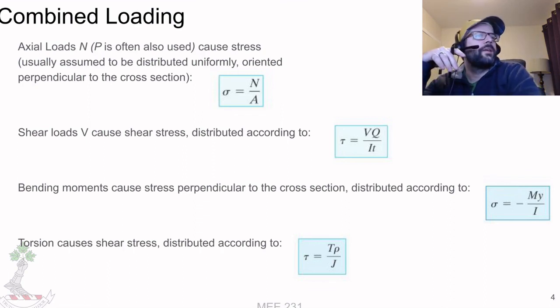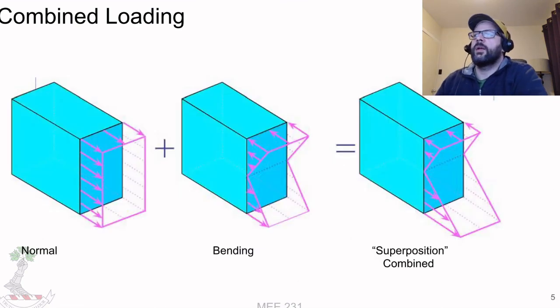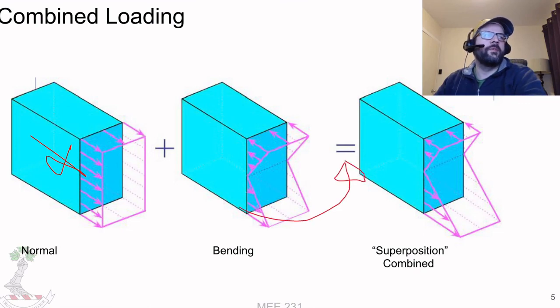So as an example, if we have some sort of normal force and we have some sort of bending force, and we apply those both at the same time, it's going to cause a change in the distribution. So in this example, we're pulling on this thing, so it's going to cause a uniform tensile force, and we also have a positive bending moment, which means that it's causing compression at the top, tensile at the bottom.